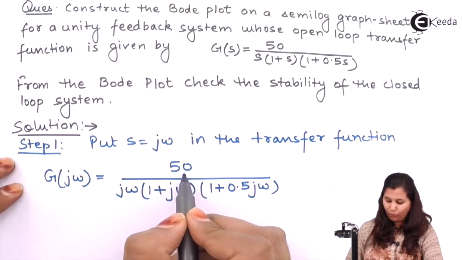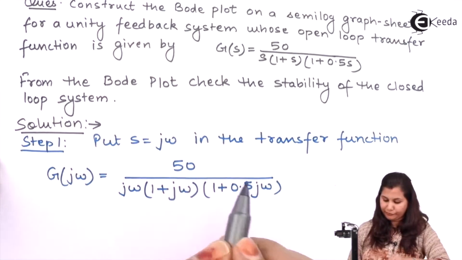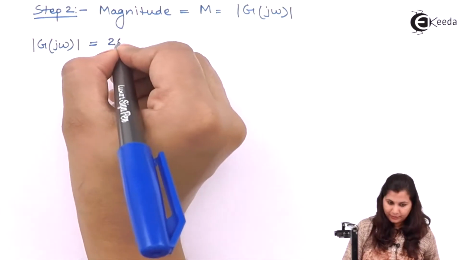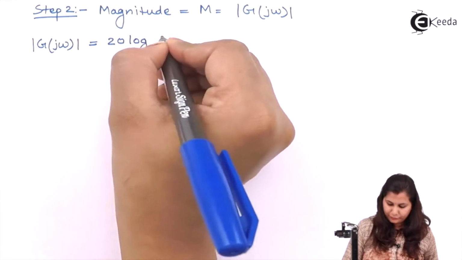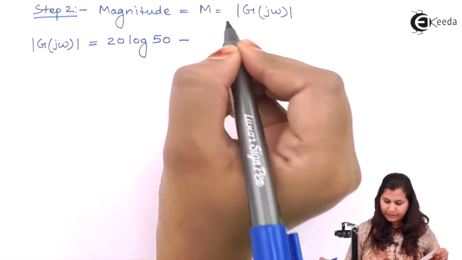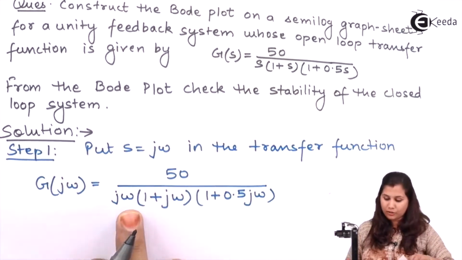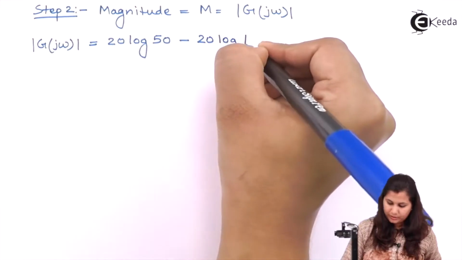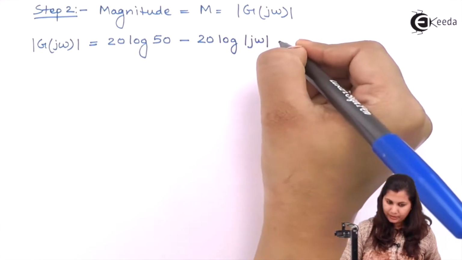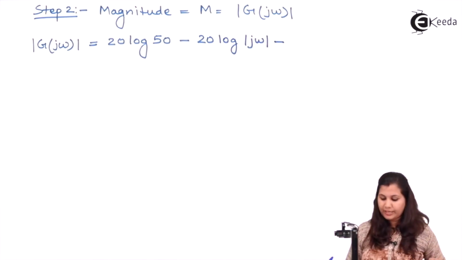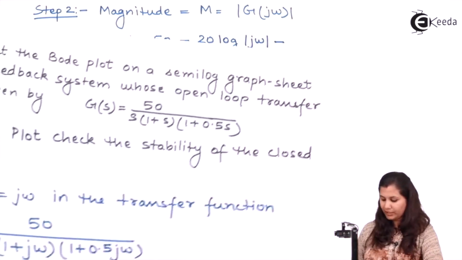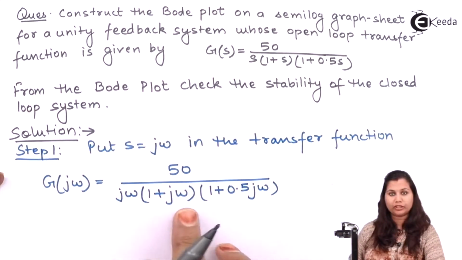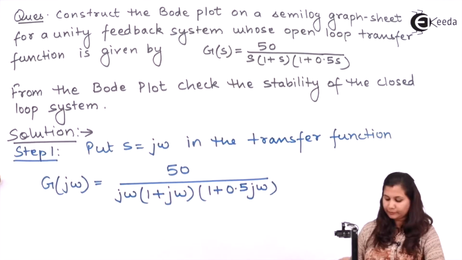So the magnitude of this constant term 50 will be 20 log 50. Then we have j omega, so its magnitude will be 20 log j omega. The minus sign is because we are now taking the magnitude of the denominator terms.